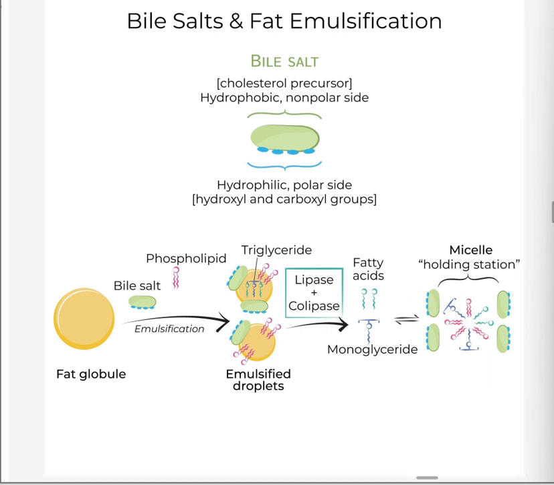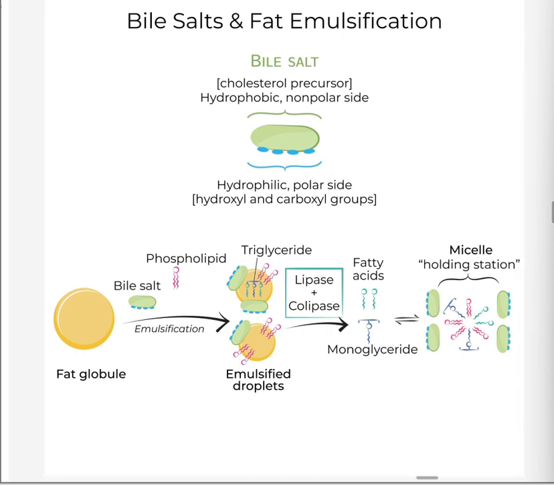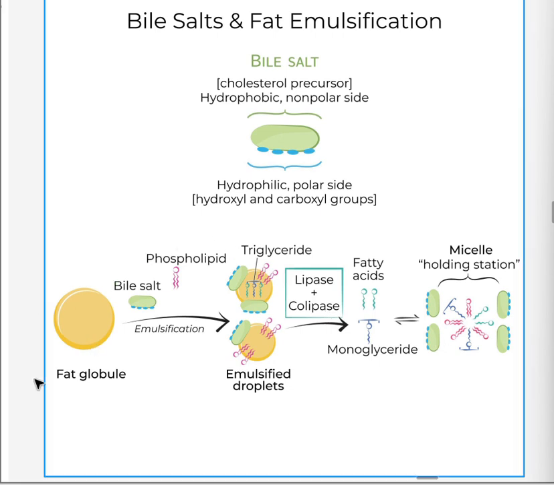So, these micelles are like holding stations for the lipase to act on, right? You have this fat entering the duodenum, these big fat hydrophobic clumped together particles, and then bile salts are released from the gallbladder, which is stimulated by CCK. These bile salts have a hydrophilic side and a hydrophobic side.